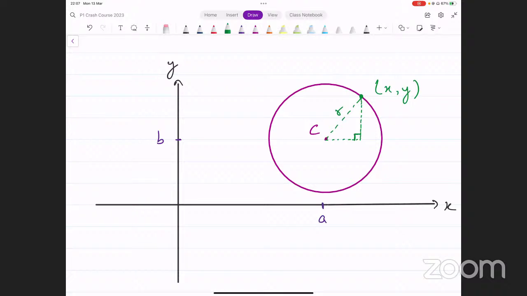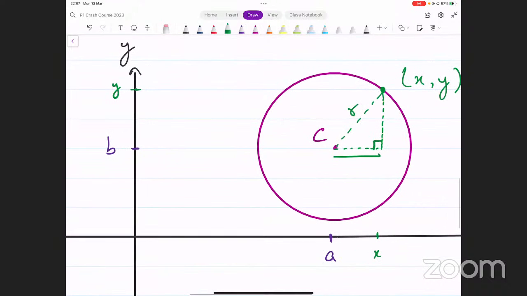If we're calling this point x, y, a general point on the circumference of the circle, that would mean this x coordinate here is x and the y coordinate here is y. What about these lengths now? Think of this base.